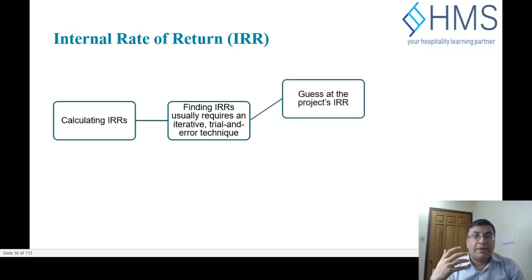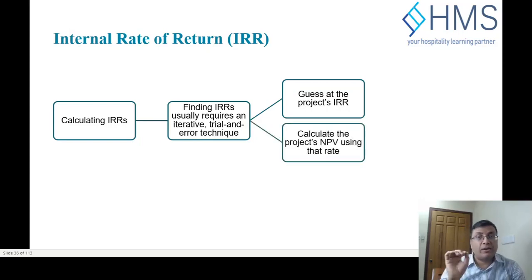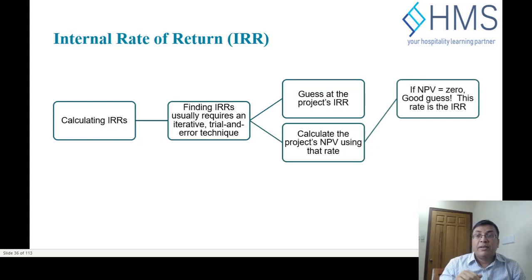The first step is to guess the project's IRR, for which you can usually use the company's weighted average cost of capital or expected rate of return, right? So you calculate the net present value at that particular rate, and if it's zero, then it's a good guess.